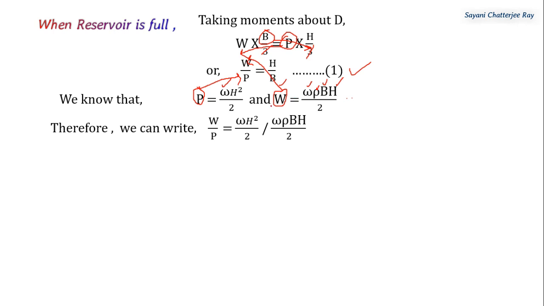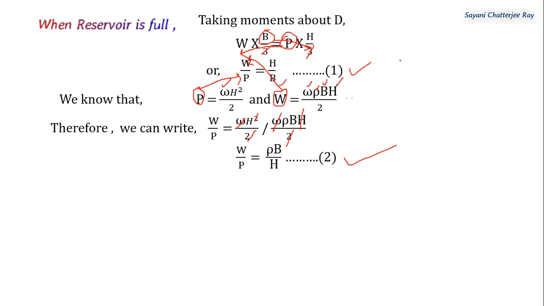Now cancelling the similar terms, the equation will look like W upon P equals S times b upon h. Now mark this as equation number 2. I hope this is very clear to you.